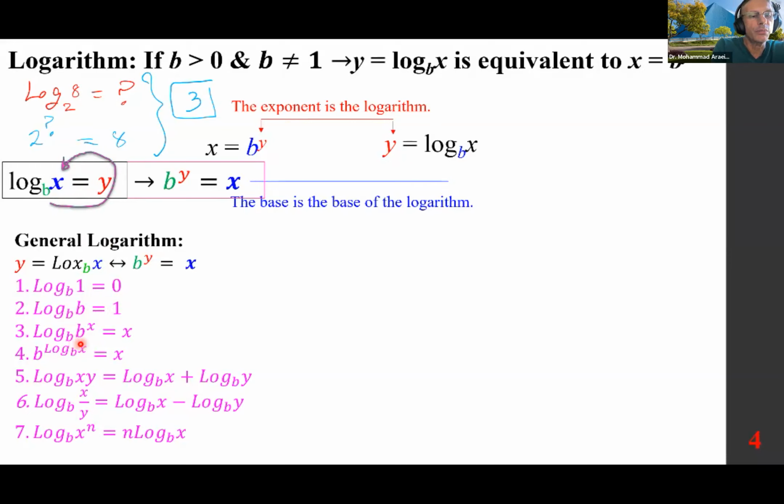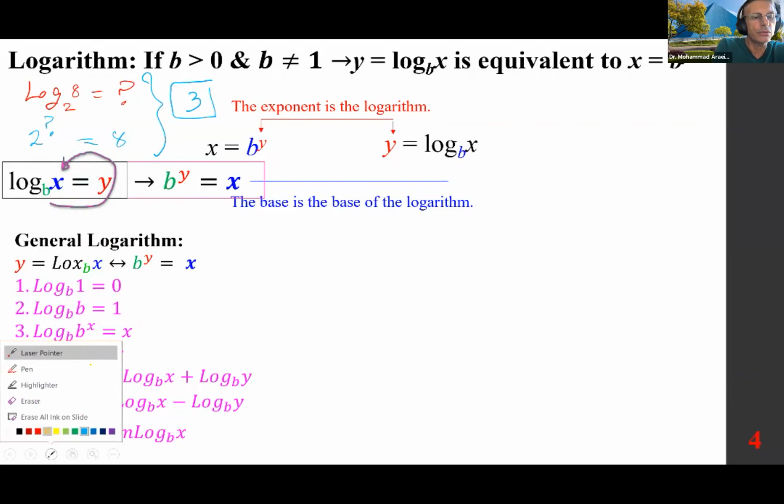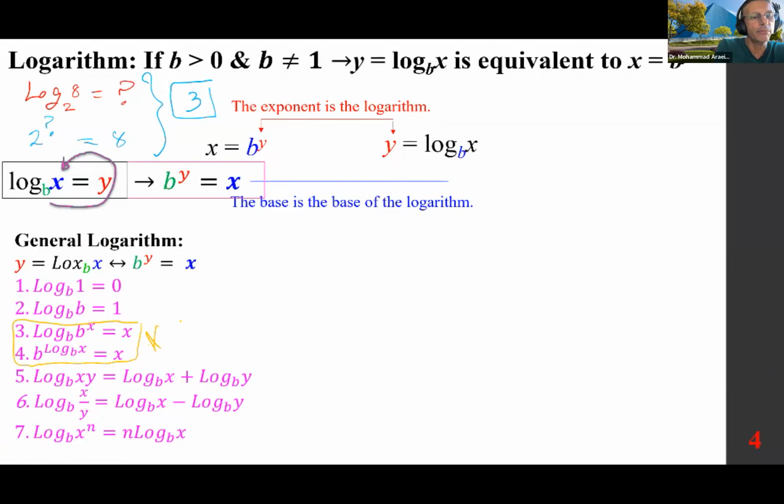This one, log base b of b to the power of x, is x. This one, b to the power of log x base b equals x. And these two properties together refer to the fact that logarithmic functions and exponential functions are inverse functions, and I can't emphasize this enough.